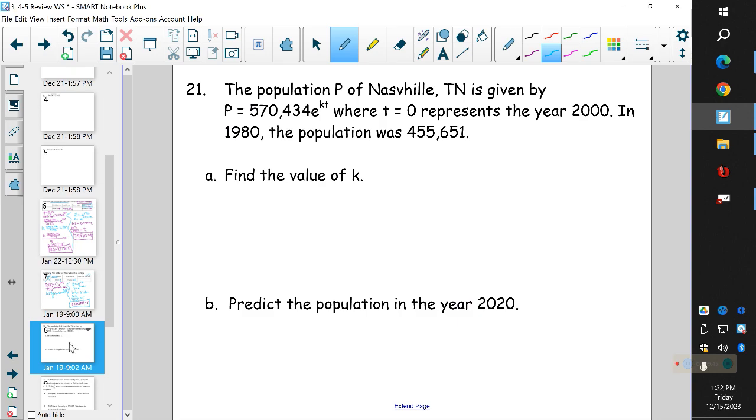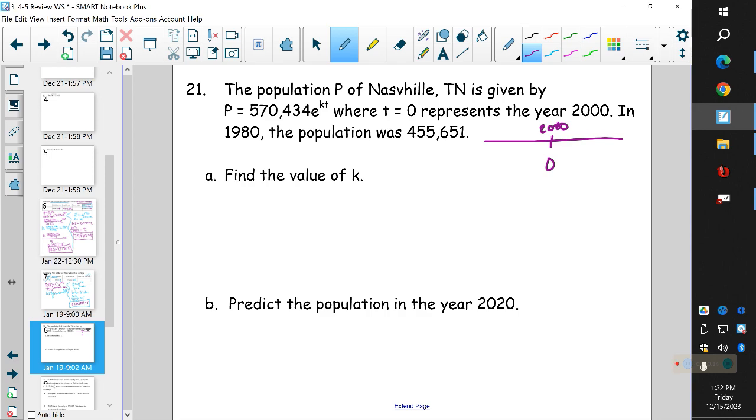Now, when we talk about population, you guys need to make sure that you're reading the material and you're pulling out points. So as we read this, the population P of Nashville, Tennessee is given by P is equal to 570,434 e to the kt, where t equals 0 represents the year 2000. So I immediately think, okay, so here's 0 and here's 2000.